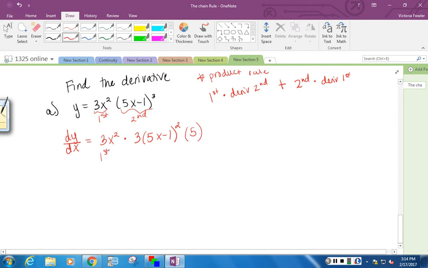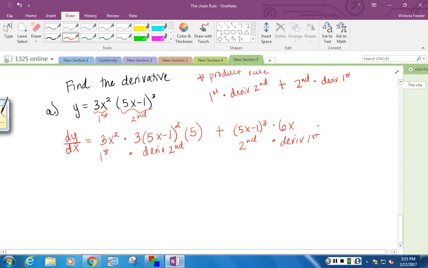So here I've done the first times the derivative of the second, which involved chain rule, and now it says plus the second function, so I rewrite 5x minus 1 cubed times the derivative of the first. So the derivative of 3x squared is going to be 6x. So I've done first times the derivative of the second plus the second times the derivative of the first.